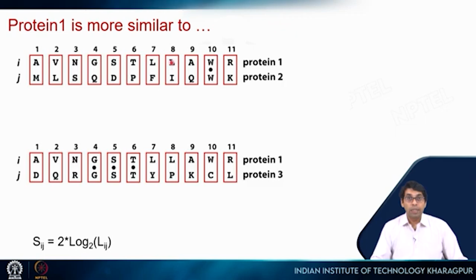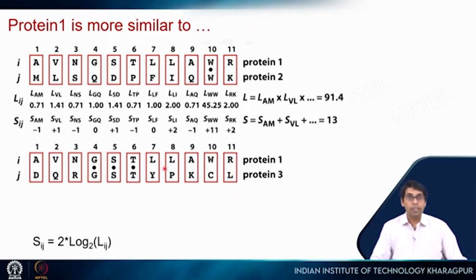Leucine to isoleucine, leucine to proline. Proline has a very different structure. Alanine to methionine, both are hydrophobic. Alanine to aspartic acid, which is negatively charged. So we have to take into consideration these other substitutions also.